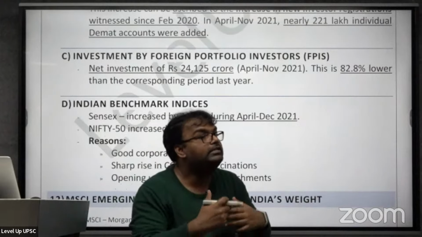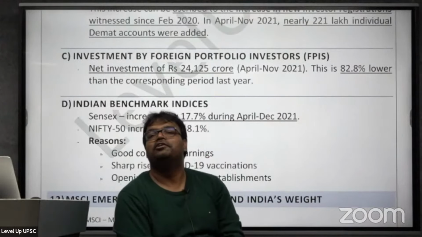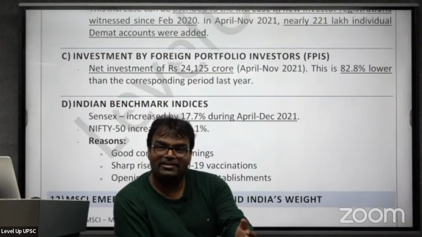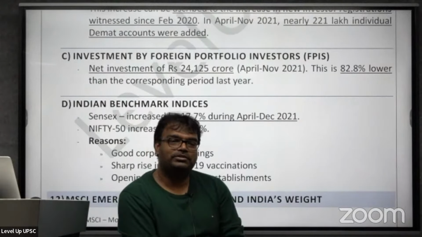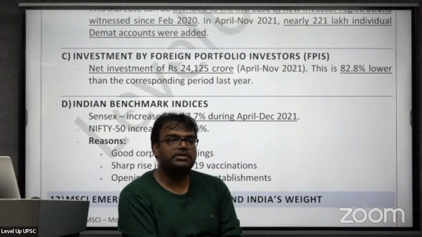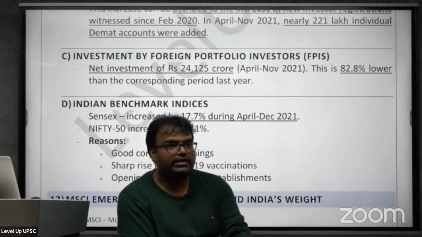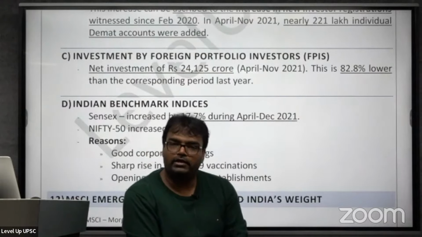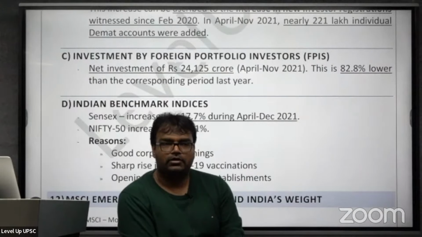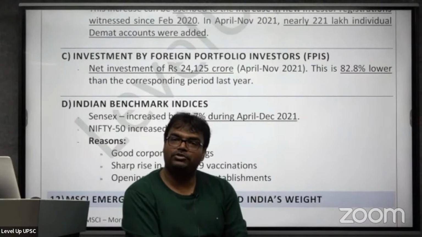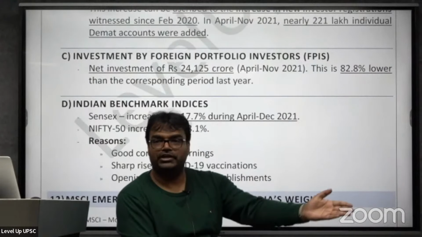So net FPIs have invested, but if you look at the numbers of December, January, February, FPIs are taking their money out. Go to NSE's website or BSE's website every day, you will see that net FPIs are taking their money out. They are not investing. What factors? Taper tantrum in the US, inflation going up, then the Russia-Ukraine crisis.